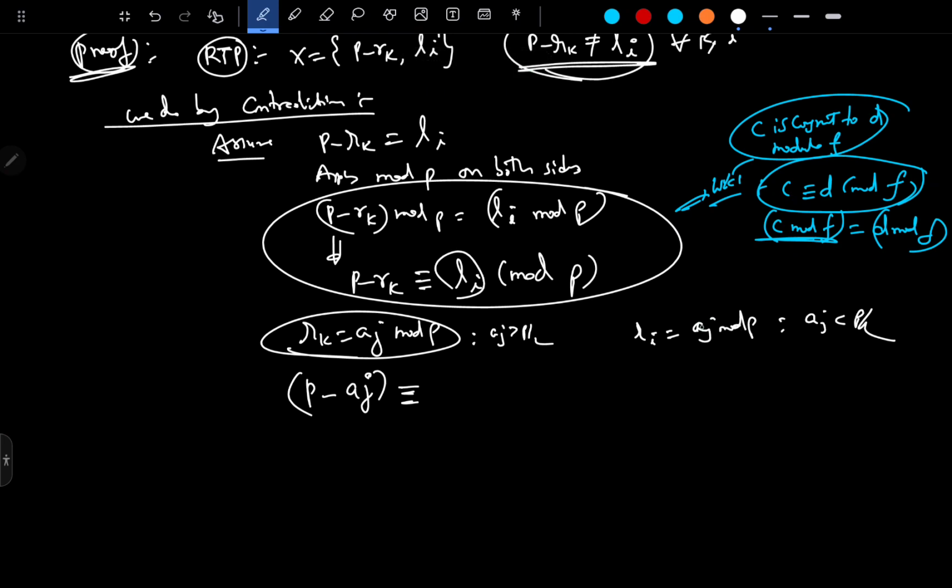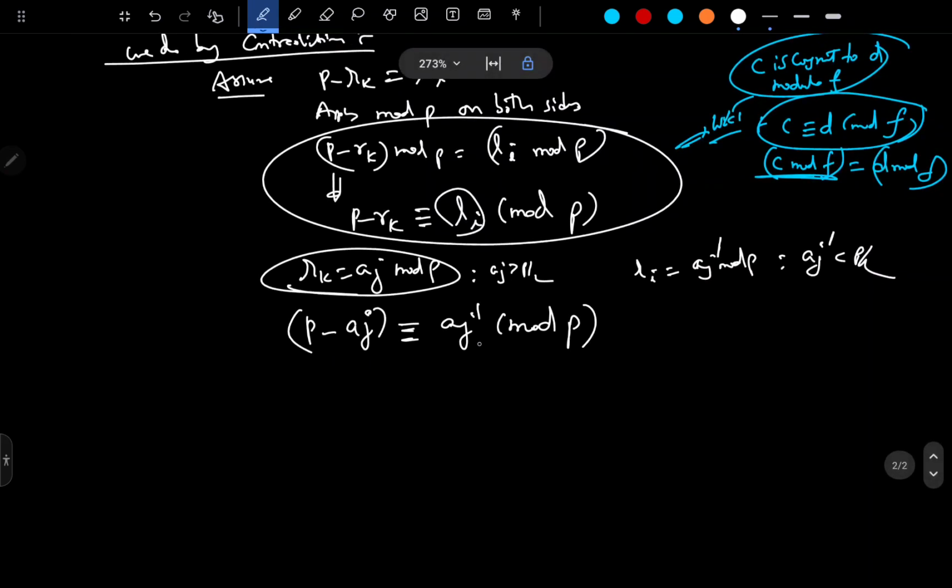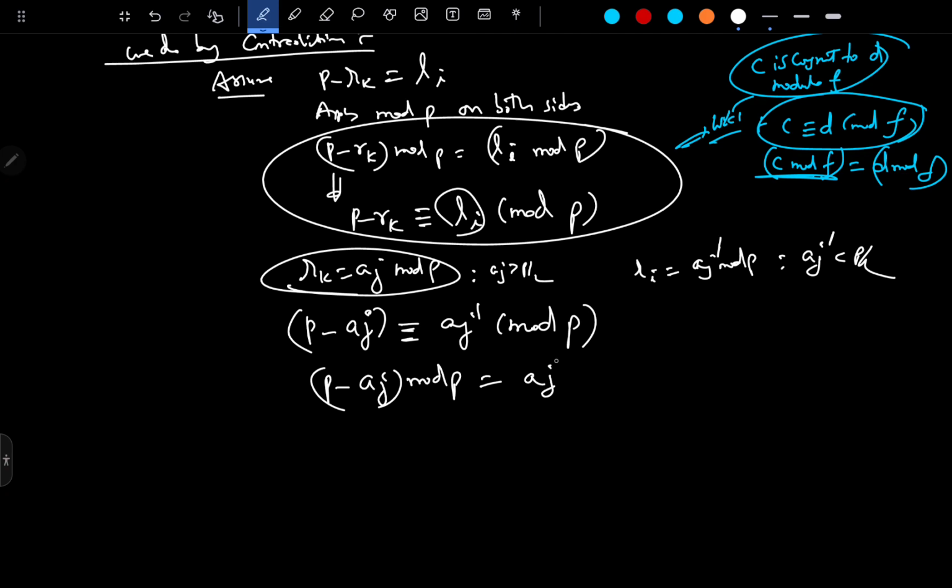Since these should not be matched, let's consider some other symbol, j dash. Aj dash mod P. Now, from this I can write that (P minus Aj) mod P equals Aj dash mod P.